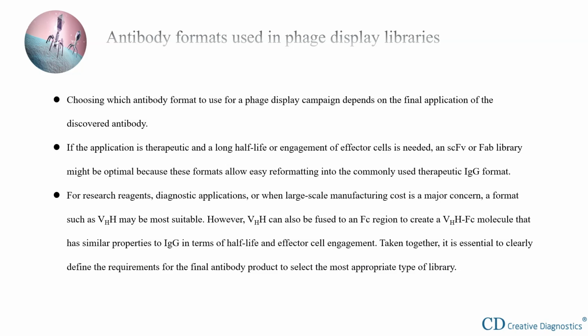For research reagents, diagnostic applications, or when large-scale manufacturing costs are a primary concern, the VHH format may be more ideal, although VHH can also be fused to an Fc region to create a VHH-Fc molecule with similar half-life and effector cell engagement properties as IgG. In conclusion, clearly defining the requirements for the final antibody product is crucial for selecting the most appropriate library type.